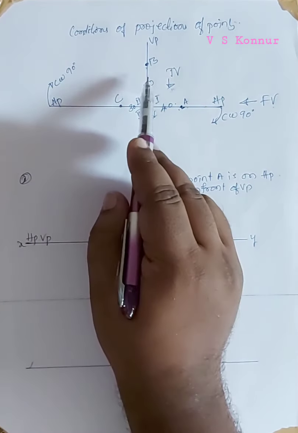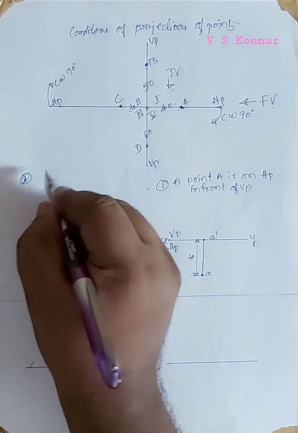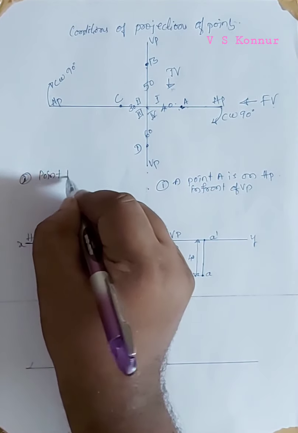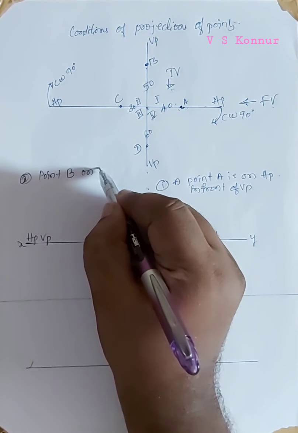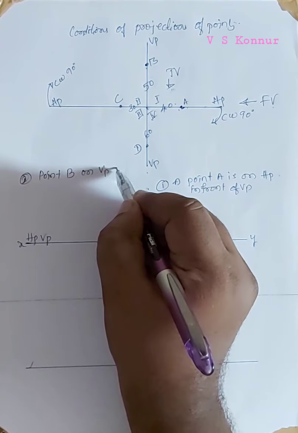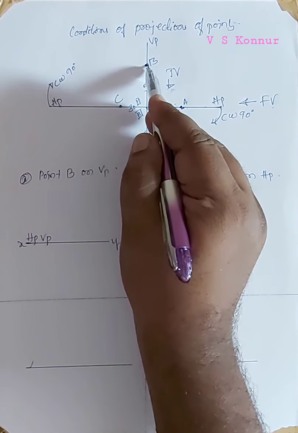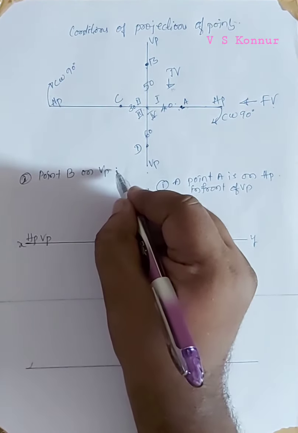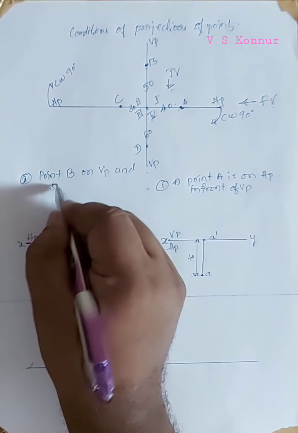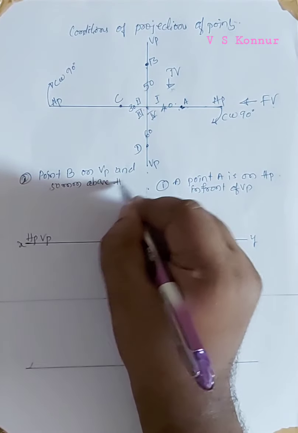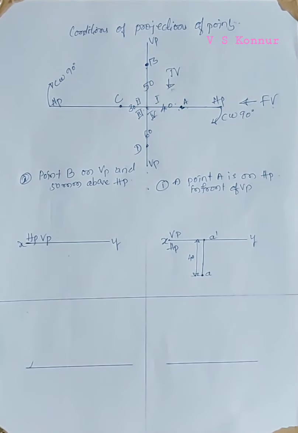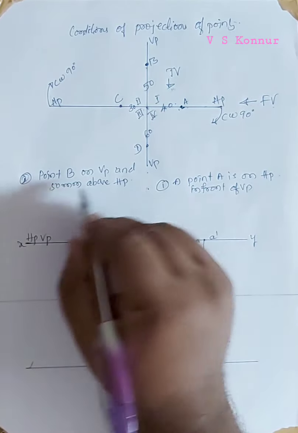For this, point B is on VP and 50 mm above horizontal plane. So that can be defined as 50 mm above HP.